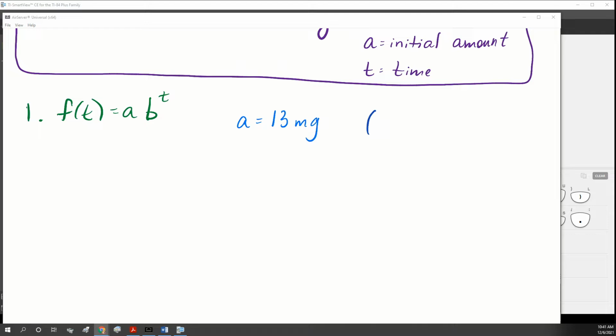So after 12 minutes, 4.75 milligrams remain. So 12 is a t, and 4.75 is an F of t. So what we're going to do is take those things and plug them into our function, and then we can figure out what B is.